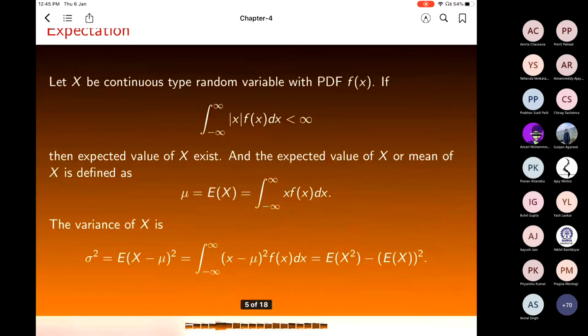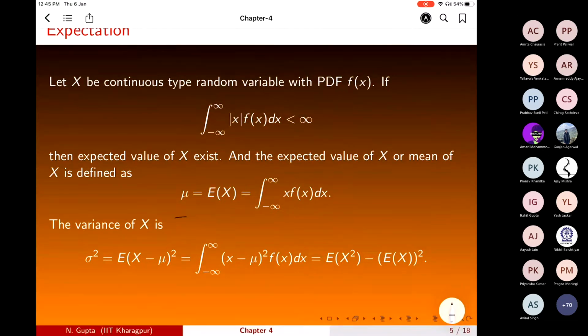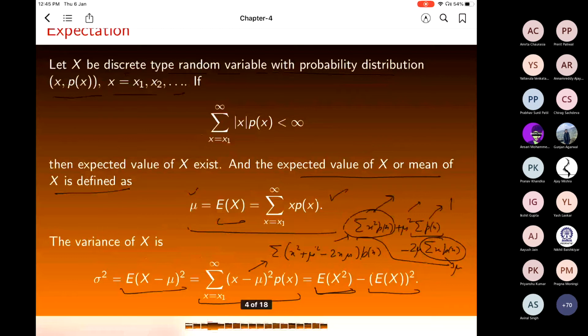Similarly, when we have a continuous type random variable, we will have integration. The expected value of X will be the integration of x fx dx, in the same fashion as for the discrete case.